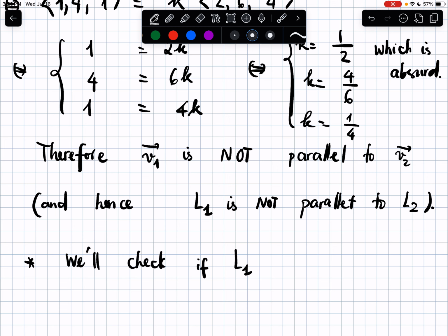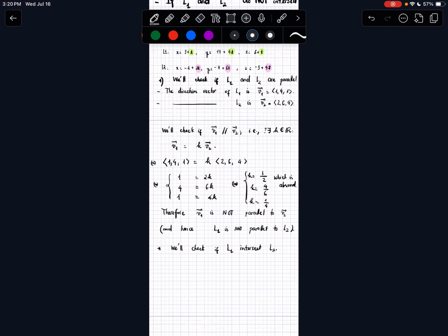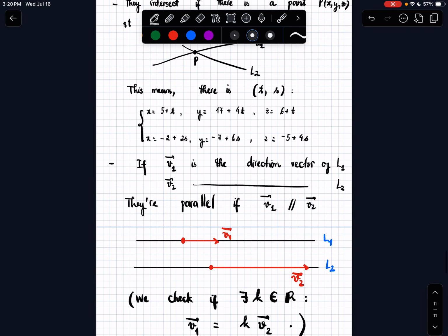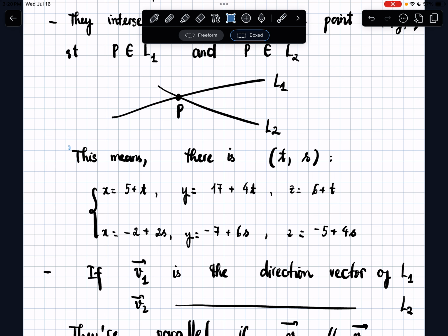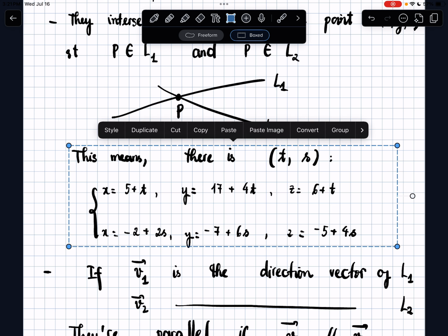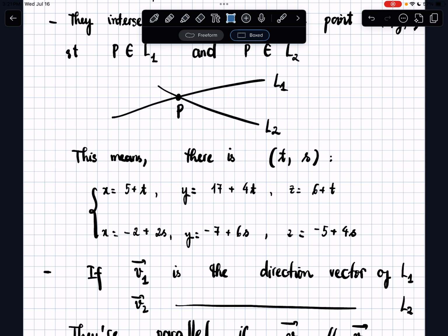L1 intersect L2. As we said before, we only need to check whether there exist parameters t and s such that the system of equations is satisfied.